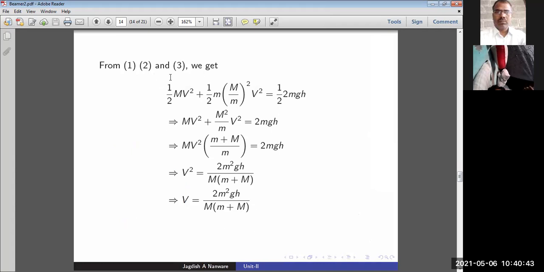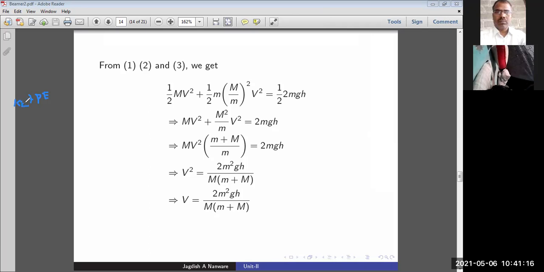The principle of conservation of energy says potential energy plus kinetic energy is the work done. I will write here in short, because in equation 3 you cannot see it: potential energy PE, and kinetic energy KE.